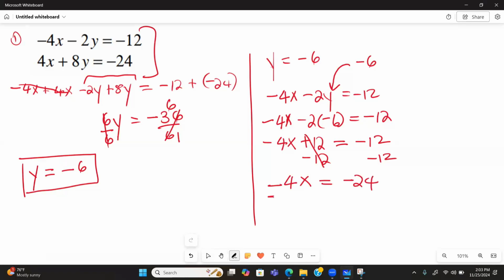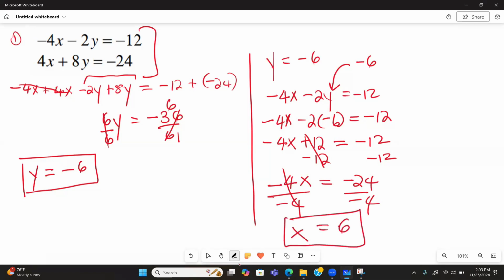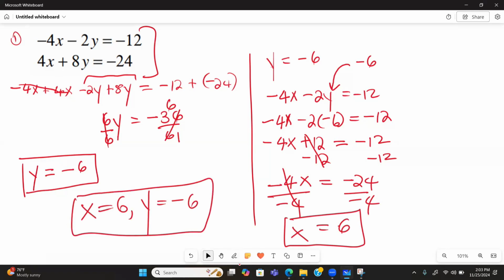If I divide throughout by -4, on the left side we get x is equal to +6. So the solutions are x is equal to 6, y is equal to -6. And there we go, that is our first case.